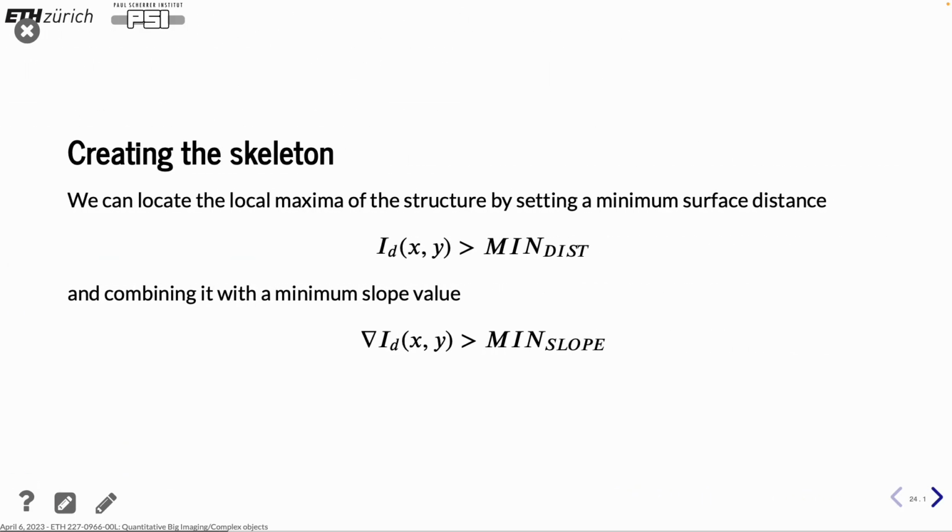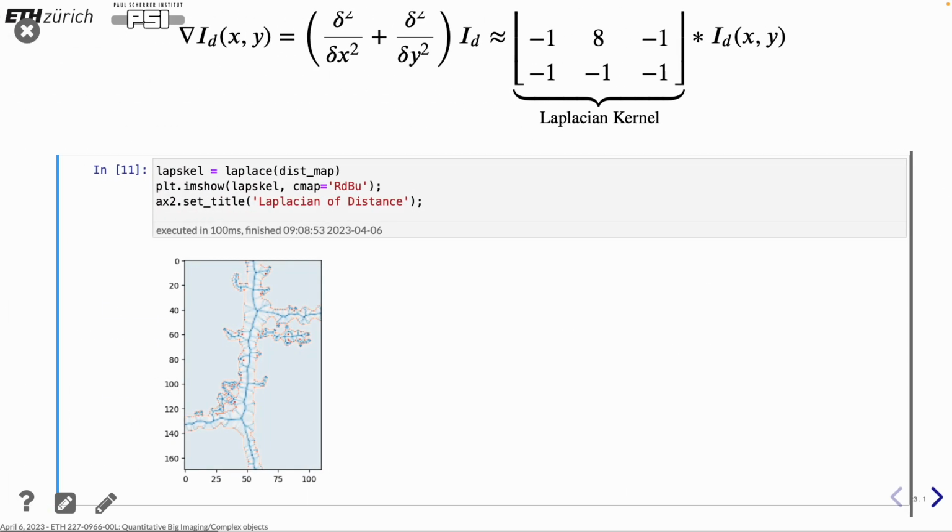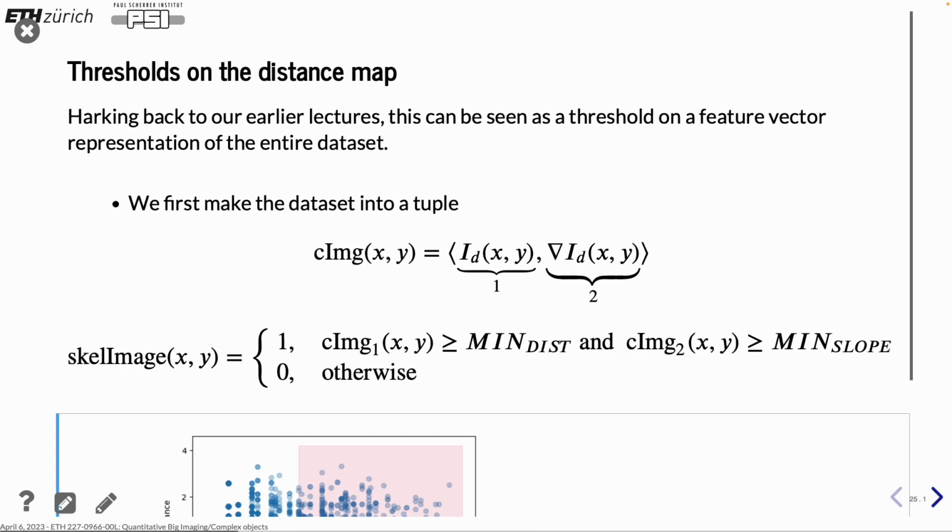And now we want to do a skeleton, and the idea with this is that we actually have two values. We can look at the minimum distance, threshold the distance image by some minimum distance, and we can also combine that with a minimum slope, and that would be looking at the combination of both the gradient and the distance map.